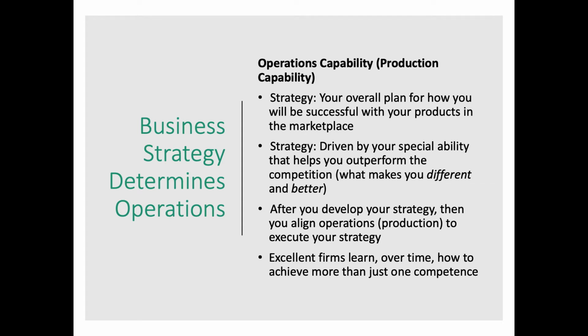Now, it does need to be said when we're talking about strategy that over time, excellent firms learn how to achieve more than just one distinctive competence, more than just one competitive advantage. But that is certainly a discussion for another module when we speak at greater length about the topic of strategy. Suffice for now to say, depending on how you're going to compete in the marketplace, your overall strategy is going to determine some of the key decisions you make about production.